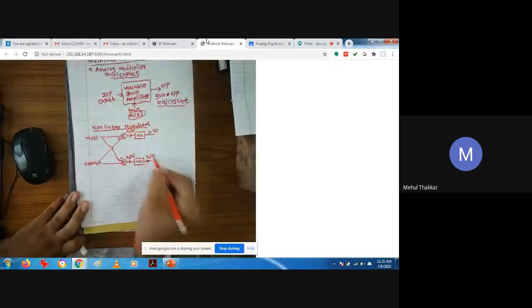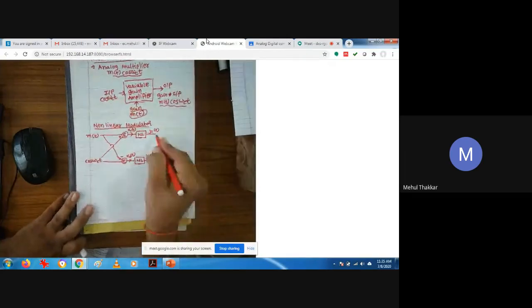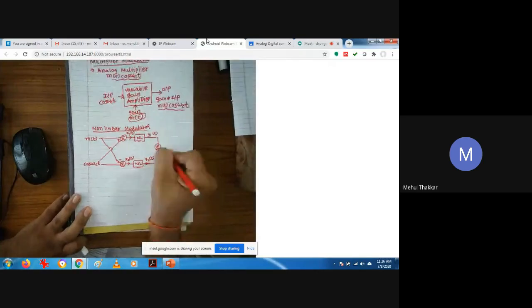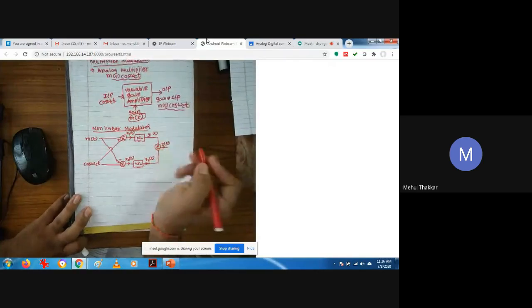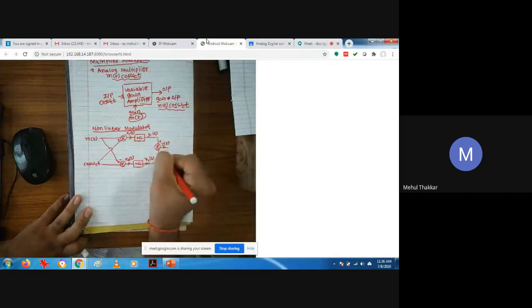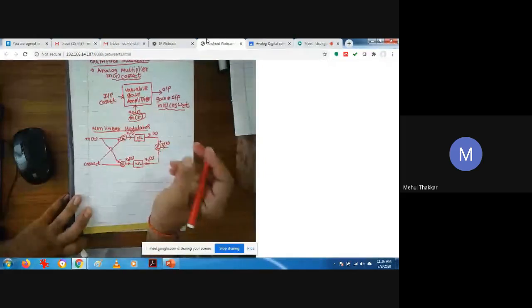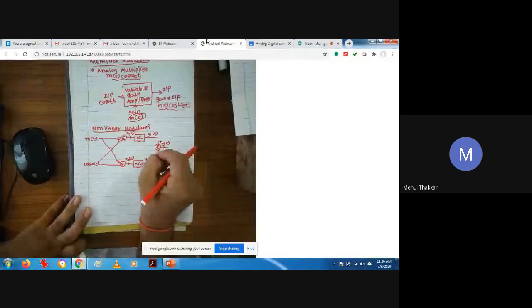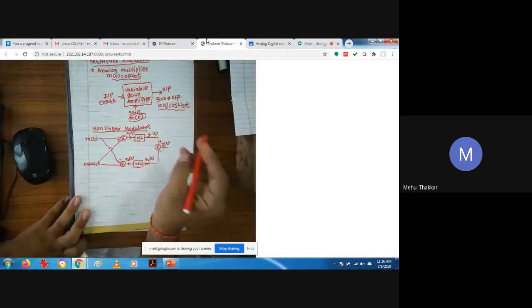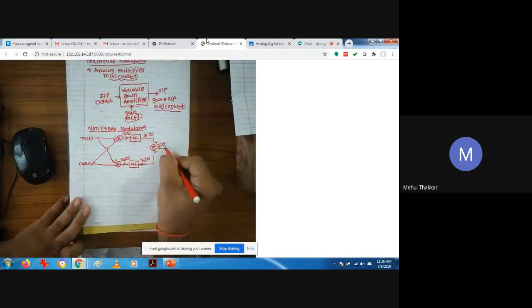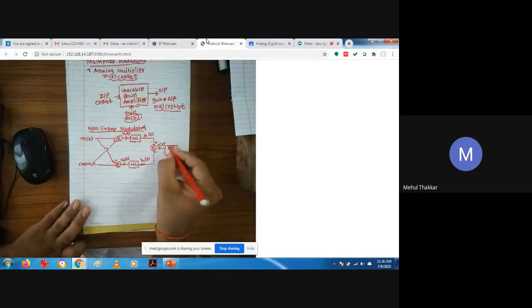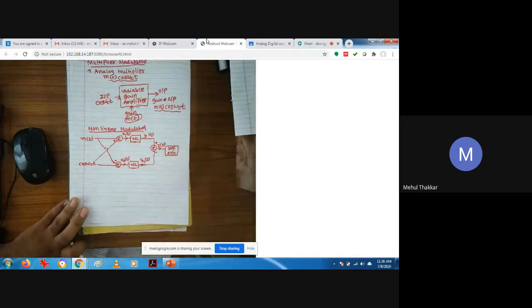These are given to another adder, which generates the output z of t. This will be a subtraction, so z of t is y1 of t minus y2 of t. It is then passed through a band pass filter, BPF, centered at minus omega c and plus omega c, and then we get the output.